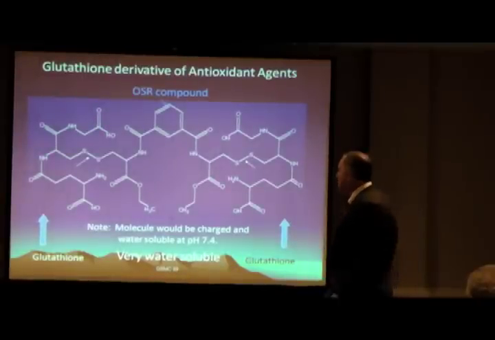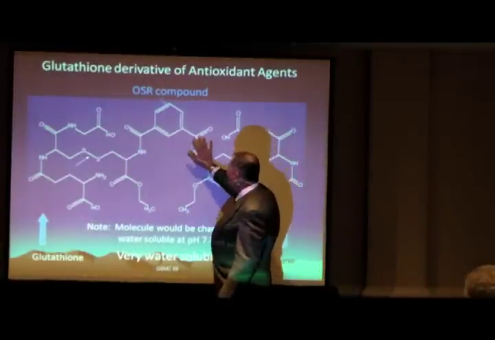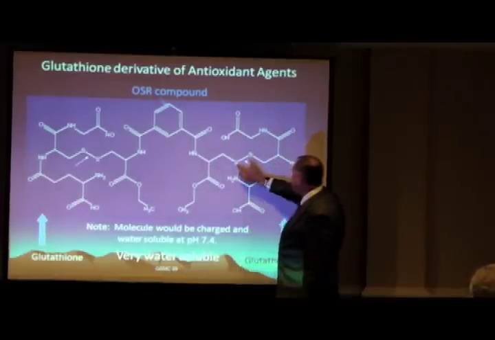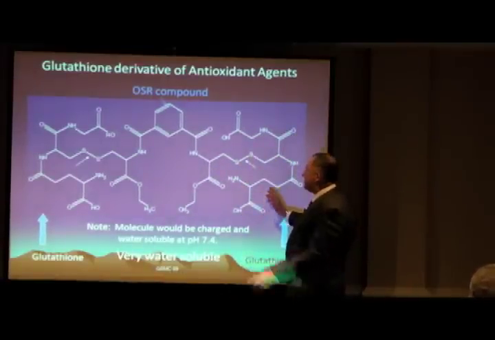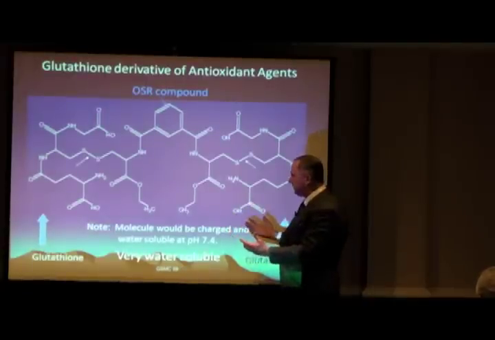This is a diagram showing the OSR molecule right in the middle here, and the sulfhydryl bond connects it up to glutathione, so it actually makes the end portions of the molecule water-soluble.